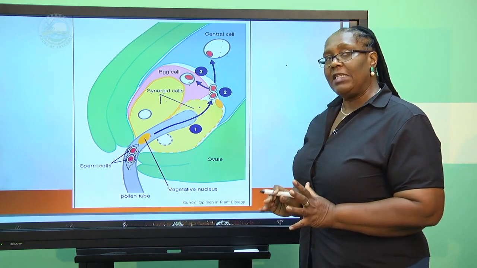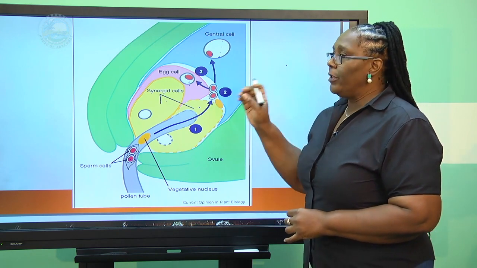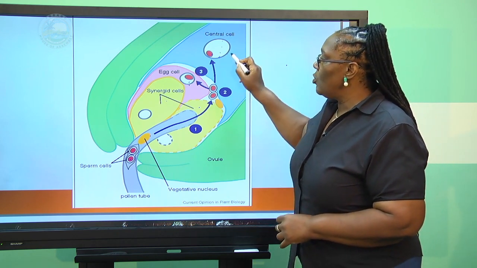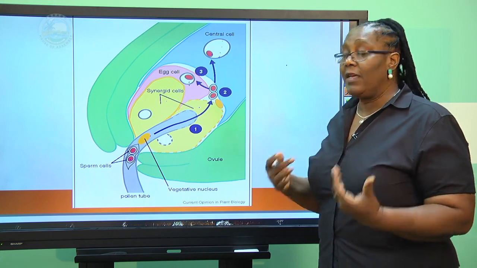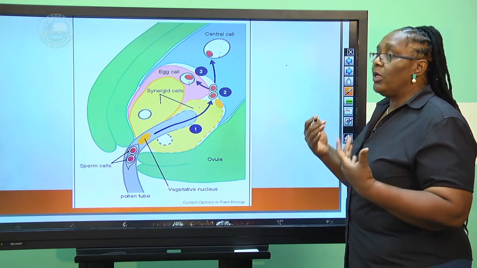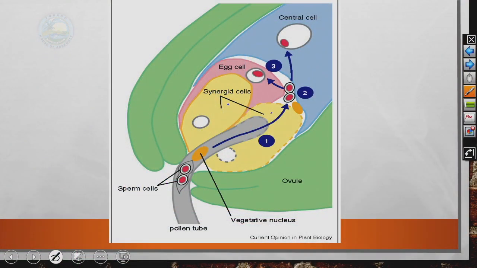Now, what is the reason for that? Again, as we pointed out earlier, since you need to have this plant continuing on its own, the seed is not carried by its mother. It's not carried by the parent tree. It is going off on its own. And so it needs to have a food source, so that when it is planted in the ground, it can survive until it can make its own food.